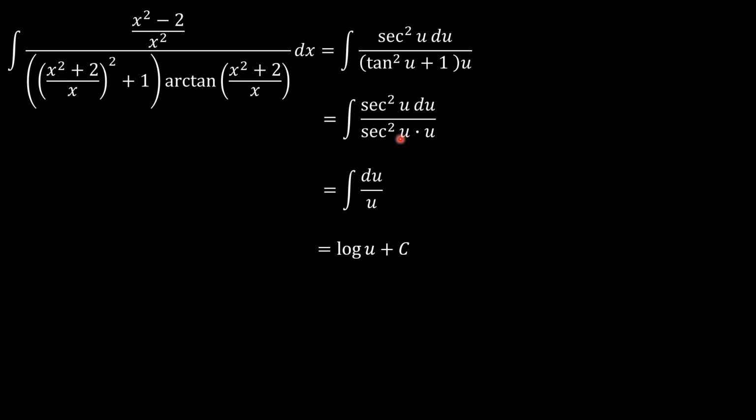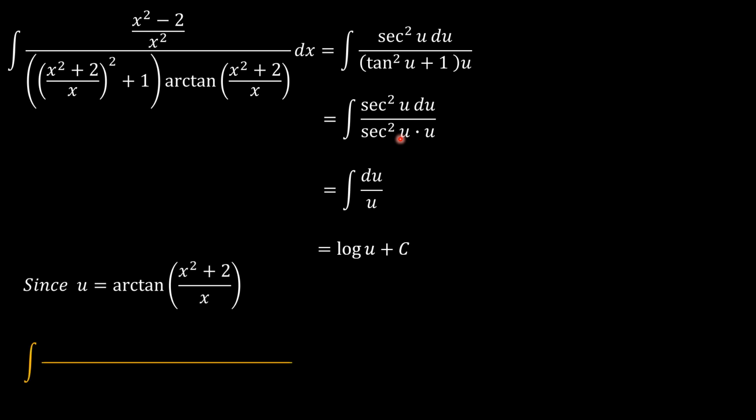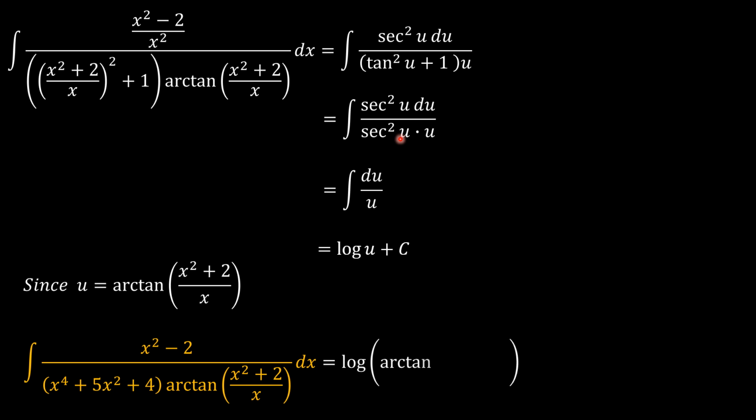And we remember that u is the arctangent of x squared plus 2 over x. Therefore, our final integral of (x squared minus 2) over (x to the power 4 plus 5x squared plus 4) times the arctangent of (x squared plus 2) over x is the natural logarithm of the arctangent of (x squared plus 2) over x, plus the integration constant, obviously. We don't want to forget that.